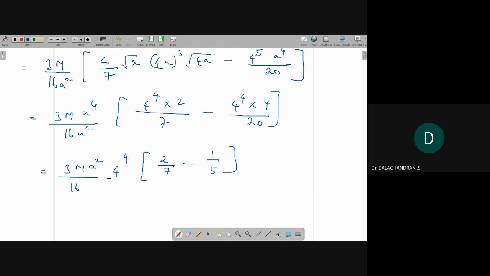This is 4 square, this is 4 power 4, so this is 256 and this is 16. So remaining 16 into 3, 48 m a square.